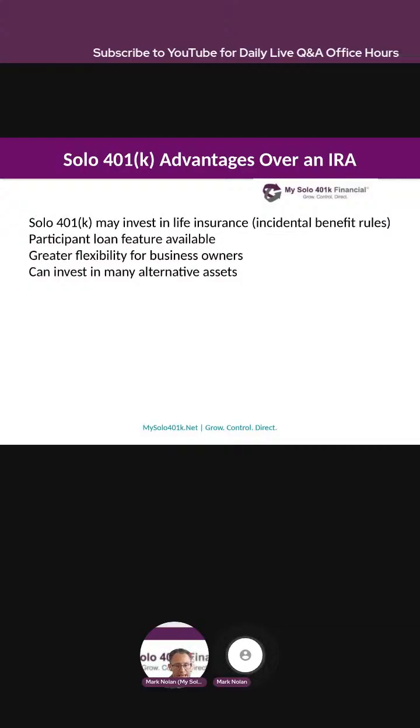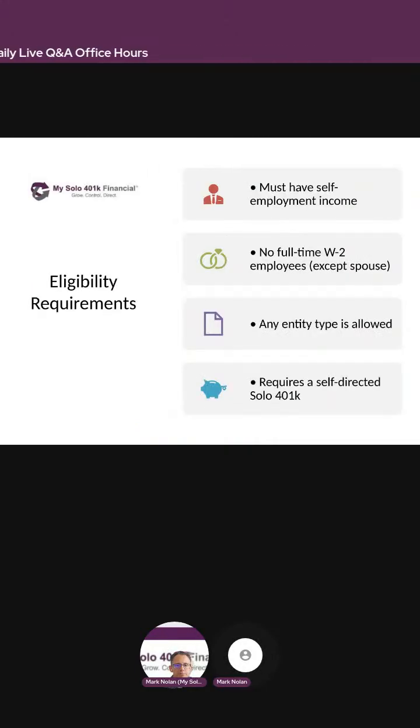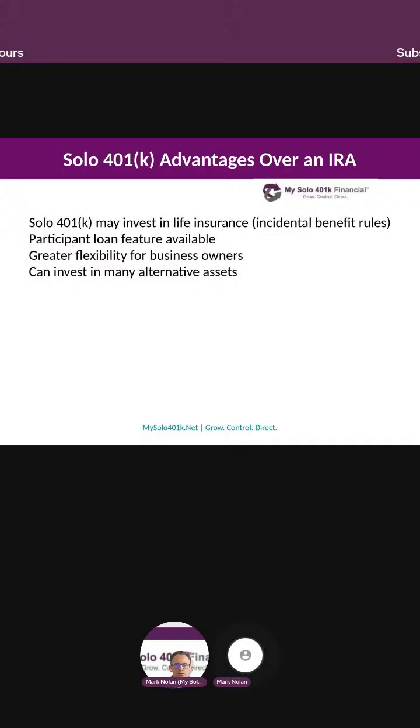So any attempt to borrow from an IRA would be treated as a distribution, triggering taxes and potential penalties. The solo 401k participant loan rules, however, do allow for loans. So a solo 401k plan allows the participant to borrow from the plan under IRS rules. Let's talk about those rules.